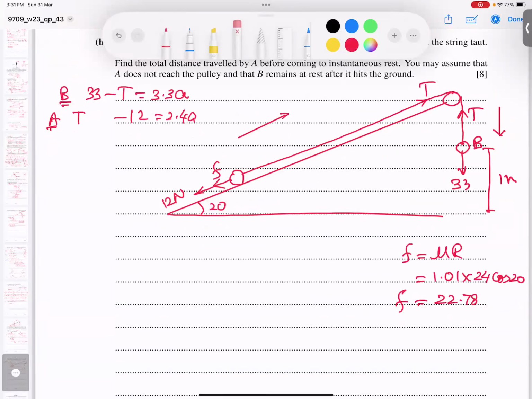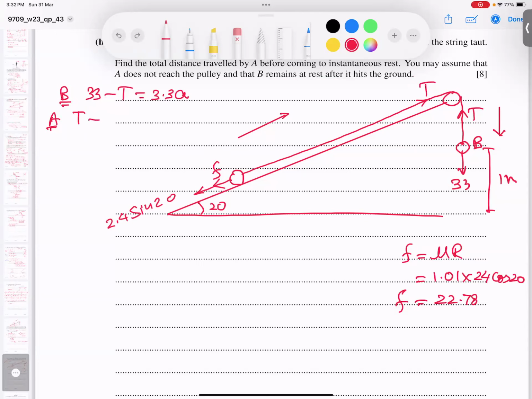Even here a small effect is coming. How come this is not 12 now? It will change. This is becoming 2.4 times 2 sine 20. So tension is coming here, minus the friction component here.